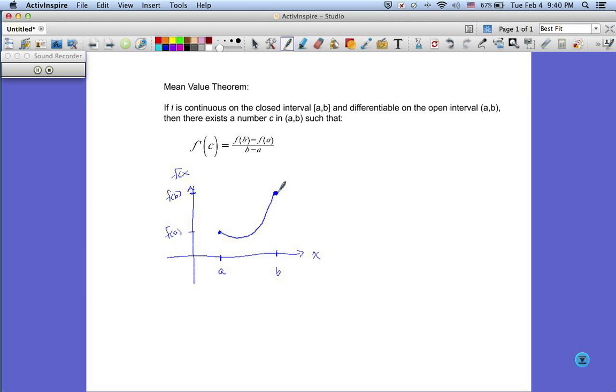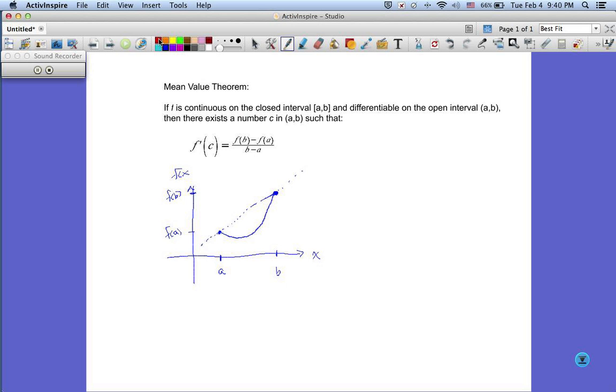There's our graph. The derivative at some point c is equal to f of b minus f of a, all over b minus a. The change in y over the change in x. Well, that's nothing more than the slope of the secant line, right?